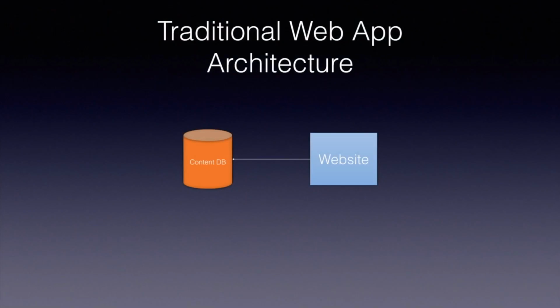In a traditional web app or website architecture, you normally have a database and the actual website code itself. This means your website needs to be updated by a developer, which isn't optimal, and you're reliant on a database, which tends to be a single point of failure in many scenarios.